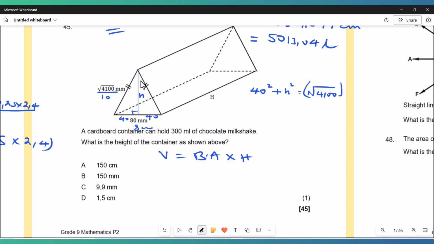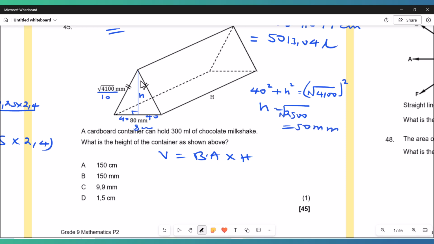This hypotenuse is squared here, so the root cancels, meaning my h squared is 4100 minus 40 squared, which gives me 2500. So my small height is the square root of 2500, which is 50 millimeters.